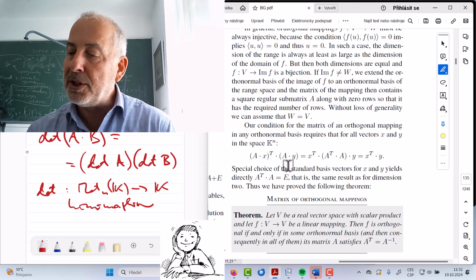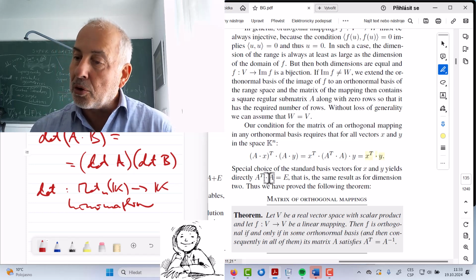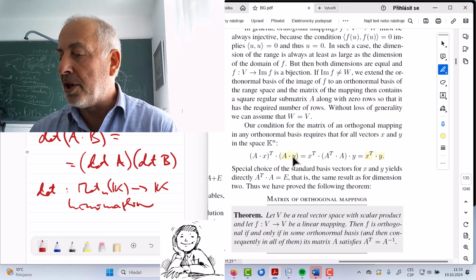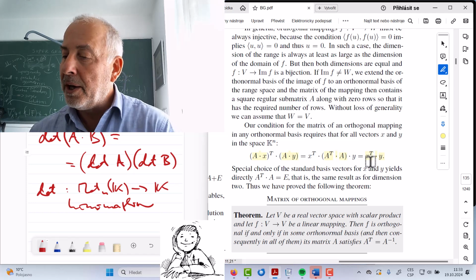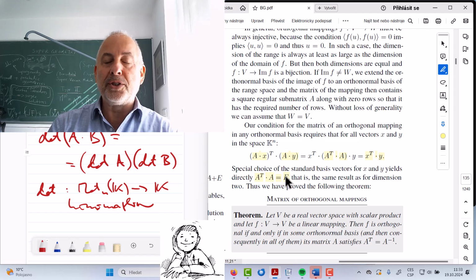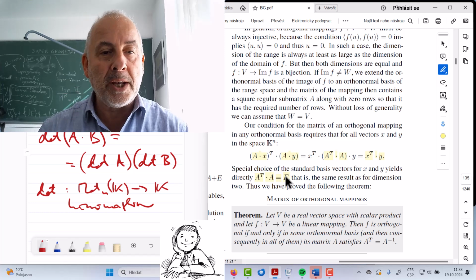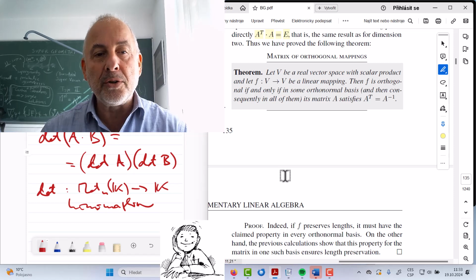And in the orthonormal base, the scalar product is expressed just like this, and the linear map will act this way. So if we just write it down how it is, it will be this. And you see, this must be true for all vectors x and y, and therefore you know that the transpose of the matrix A must be exactly the inverse. And that was already what we saw in the plane, but there we computed it in a much more pedestrian way. But this is a very nice thing to know.